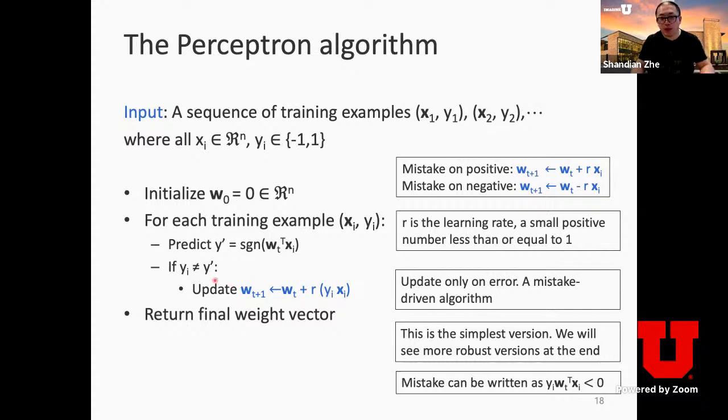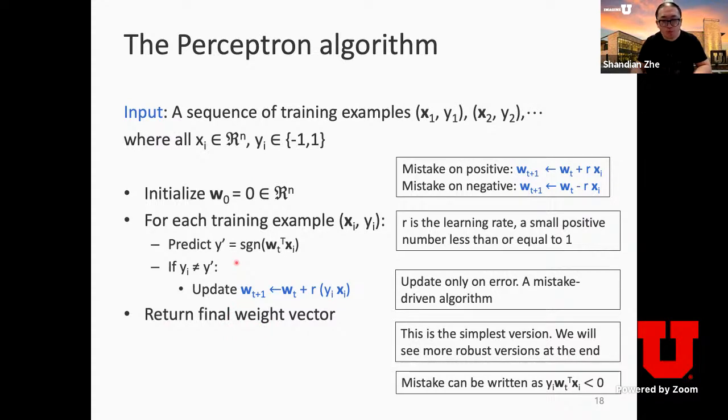After this update, we look at the next example, make a prediction and check if we have made a mistake or not. If there's no mistake, look at the next example. Otherwise, we make an update and look at the next example, and go on until some stopping criterion is met. And finally, we return the current weight vector. So this is the whole perceptron algorithm.